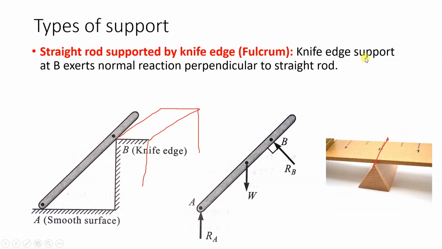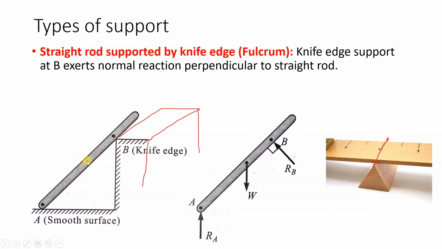So we have knife edge support at B, and if you see point A, it is a smooth surface. We are not considering friction here. So the normal reaction will be perpendicular to the rod. If you see this reaction at point B, it is perpendicular to this rod.